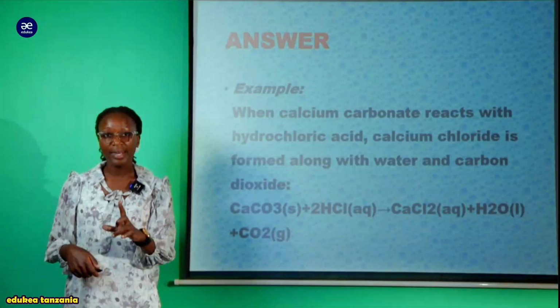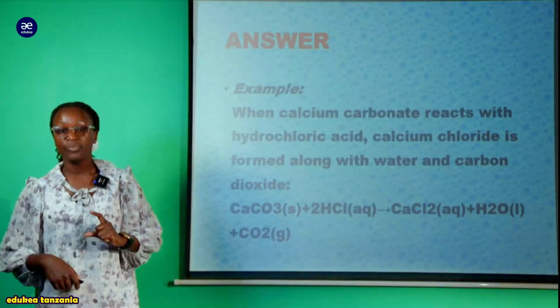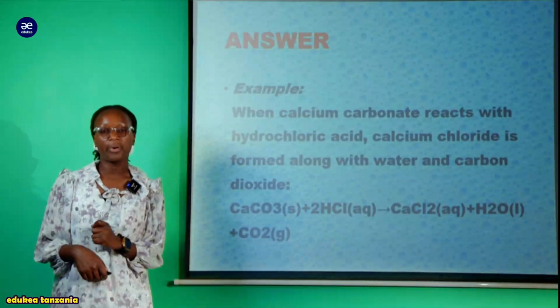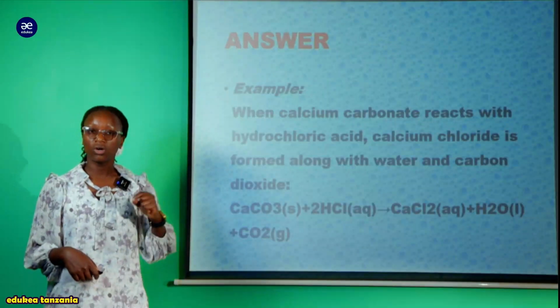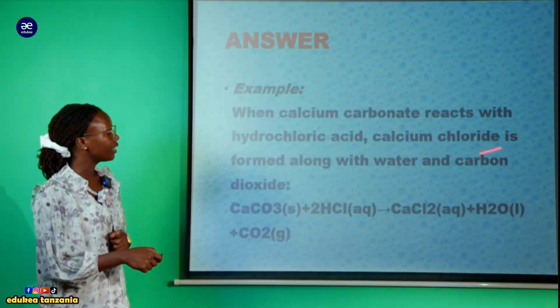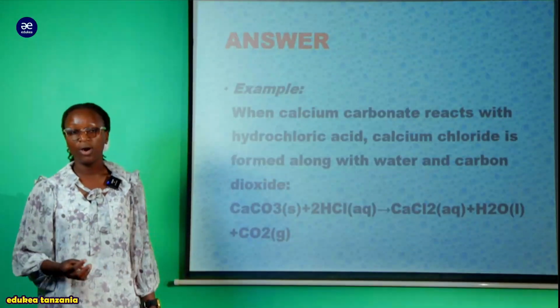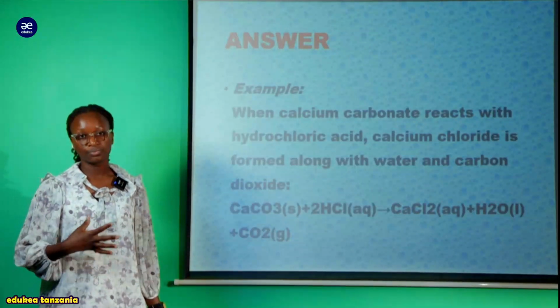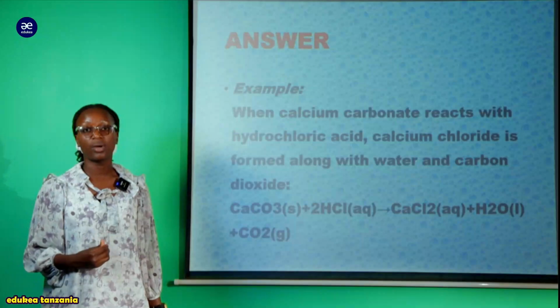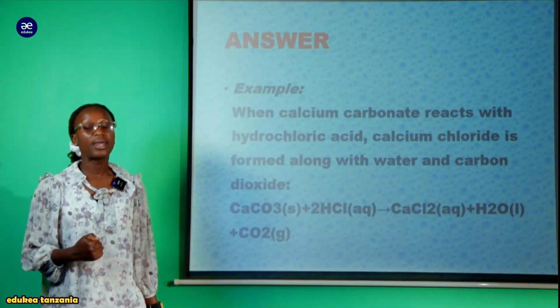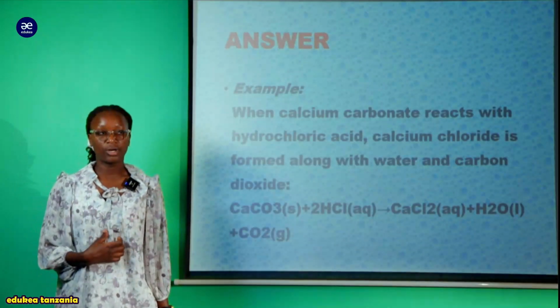The main product we consider is this chloride compound, the metal chloride, which is soluble. So we get our salt, which is calcium chloride. Obviously we know it is soluble, and it also fits our question, which wants to show how we can prepare this metal chloride compound.